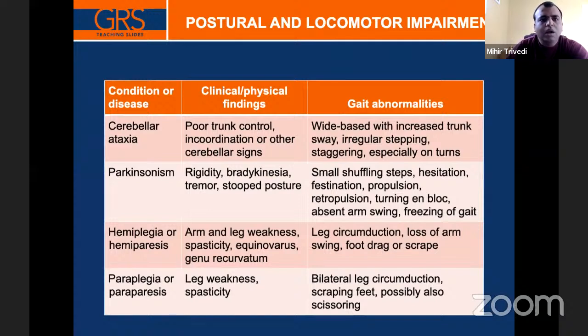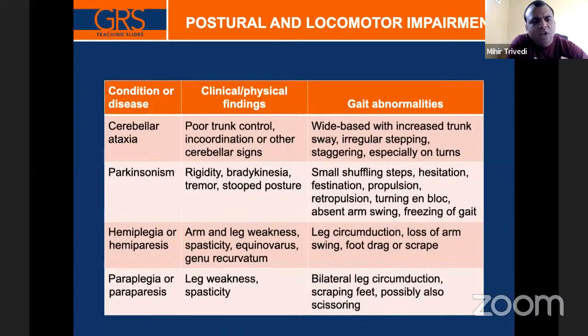Now we'll see cerebellar ataxia with poor trunk control, incoordination or cerebellar signs. Wide base with increased trunk sway, irregular stepping, staggering, especially on turns. Parkinsonism: rigidity, bradykinesia, tremor, stooped posture, small shuffling steps, hesitation, festination, propulsion, retropulsion, turn en bloc, absent arm swing, freezing of gait.